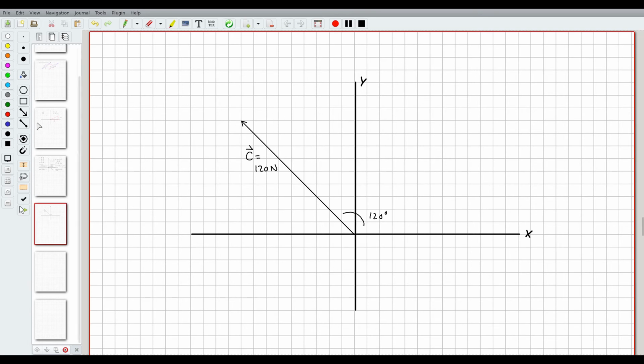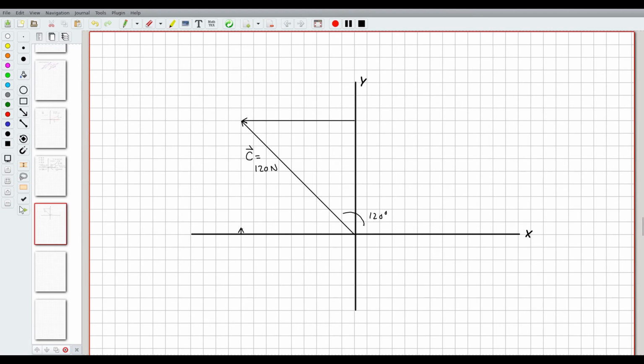Now, this part right here would be the X part. Now look what direction it's pointing. It's pointing down the negative number line direction. All right. This right here would be the Y part.